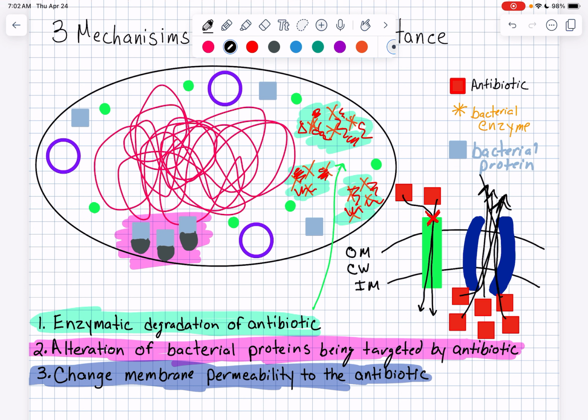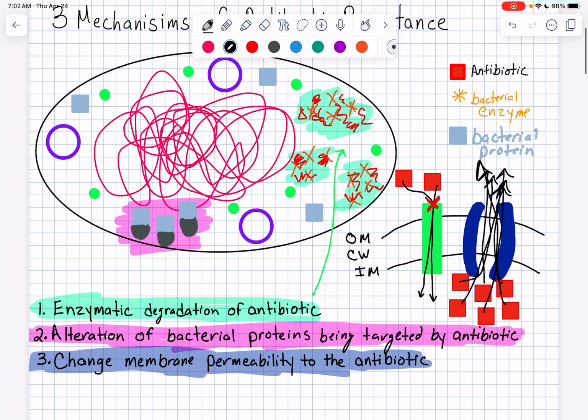It will actively push it out, decreasing the concentration of the antibiotic on the inside, which decreases its effectiveness, eventually allowing the bacteria time to become completely immune to that route or method. These are the three main ways that bacteria can become antibiotic resistant.